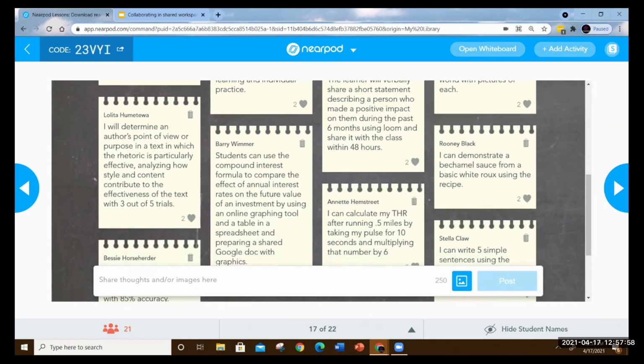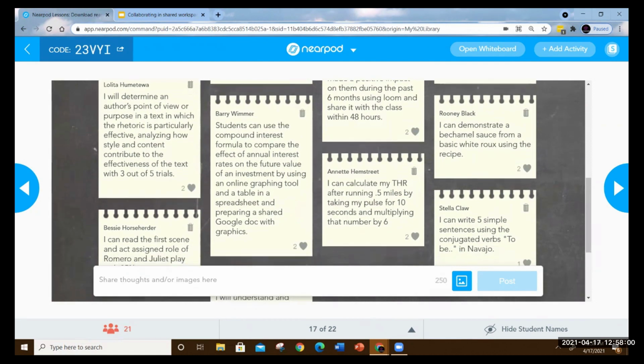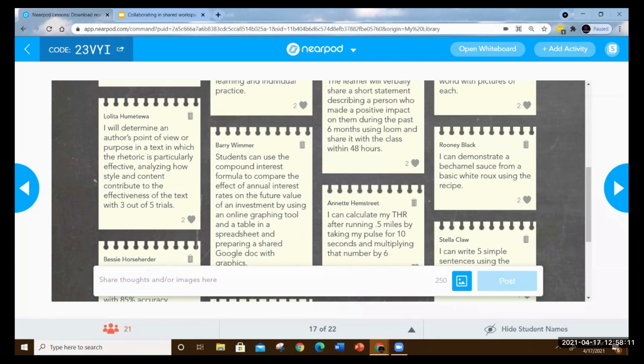Okay, Lolita, I will determine an author's point of view or purpose in a text in which others analyzing how style and content contribute. Analyzing. Wow, Lolita, that's a nice one. I will determine an author's point of view in a text that utilizes effective rhetoric.